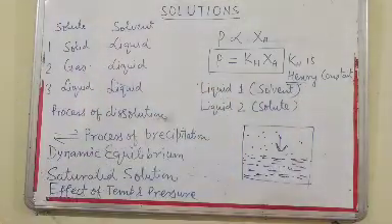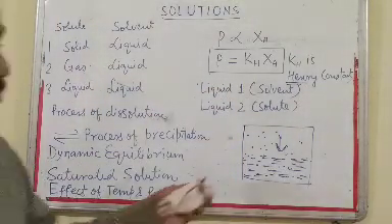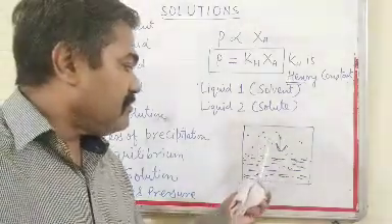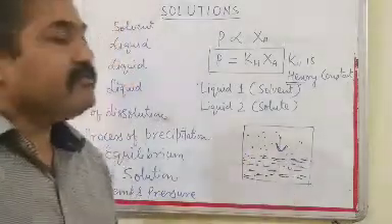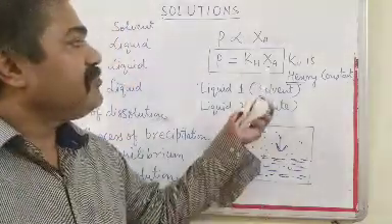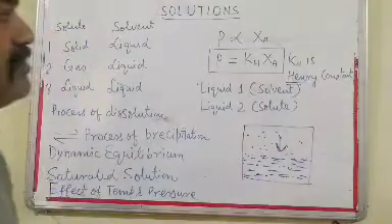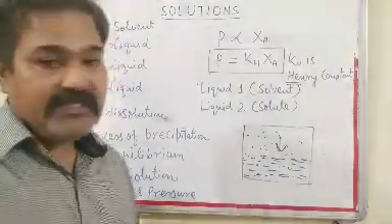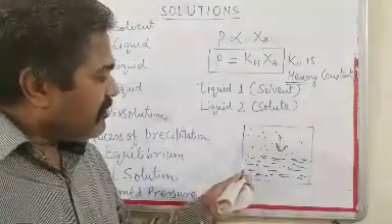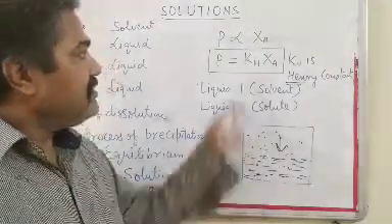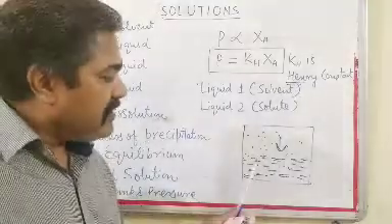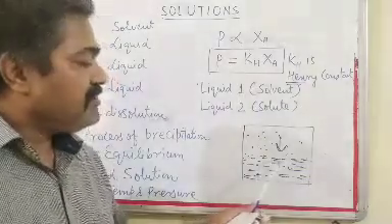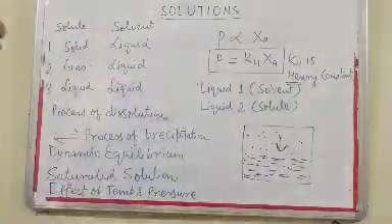According to Henry's law, the pressure exerted is directly proportional to the mole fraction of the gas present in the solution. What I mean to say is that if more pressure is exerted by the gas, then more of the gaseous solute will dissolve in the solution.